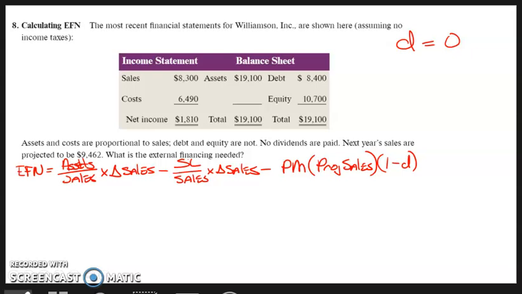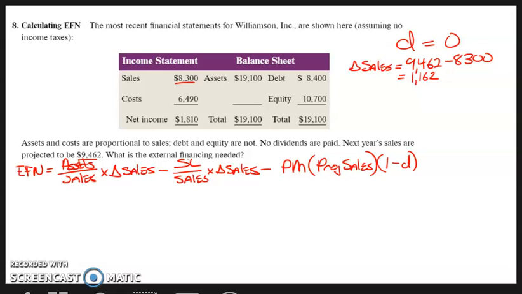So the change in sales is equal to the projected sales, $9,462 minus the 8,300. And that is equal to $1,162.